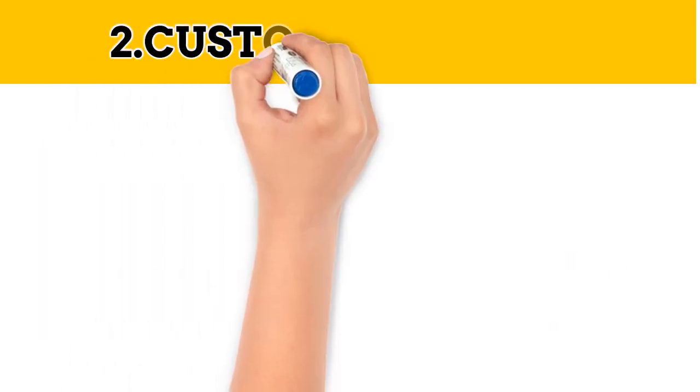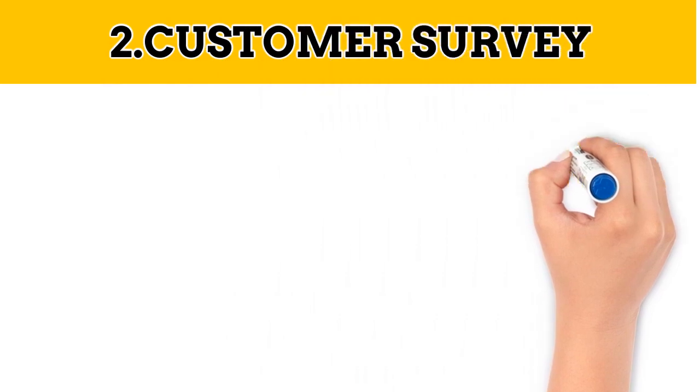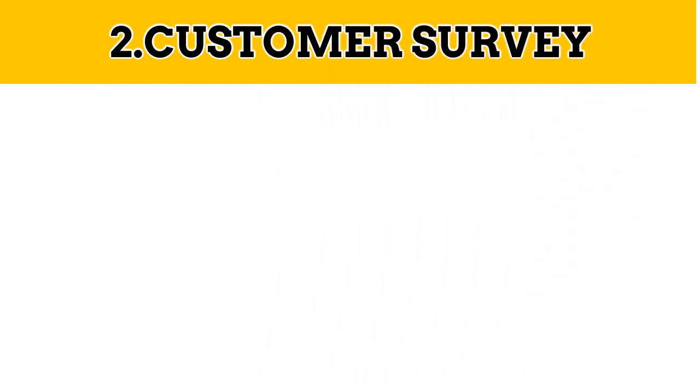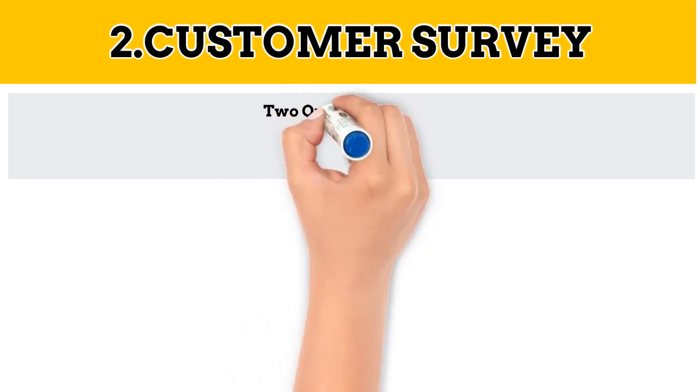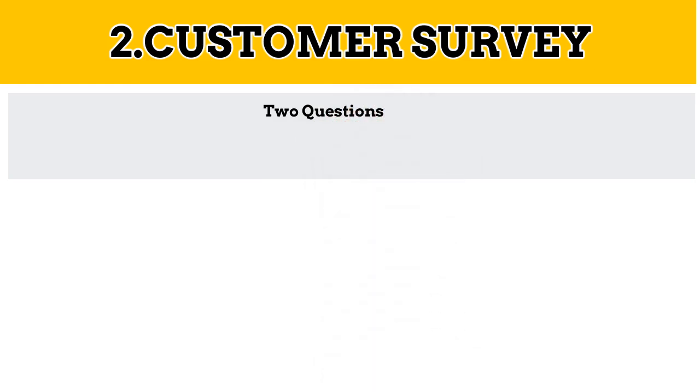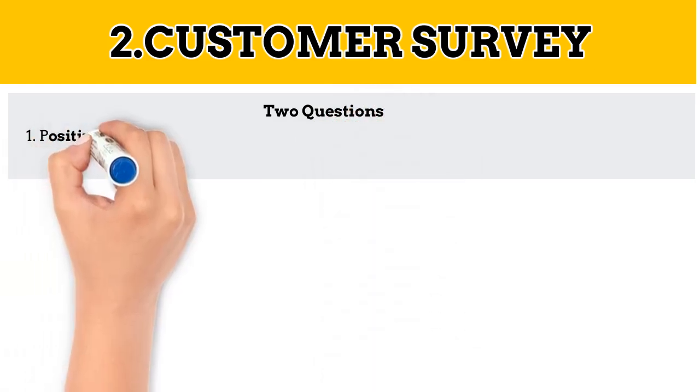Now the second step is the customer survey. In the customer survey, you simply ask your customers how they feel about each of the features you have identified, in a standardized way using two questions. The first question is asked in a positive way, which is also known as the functional way.